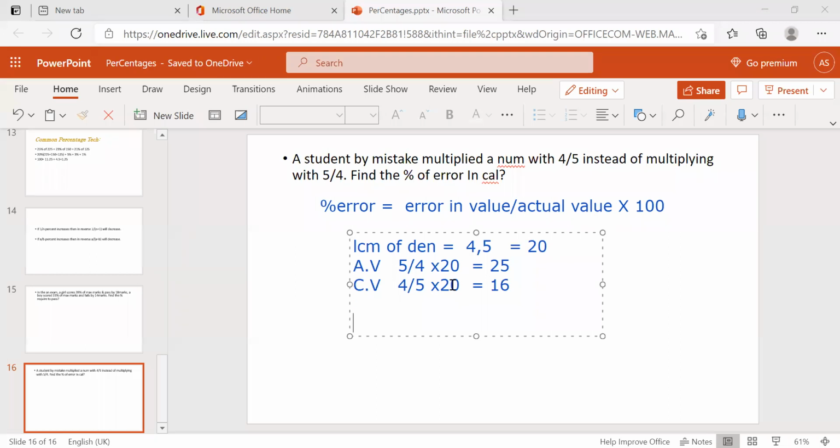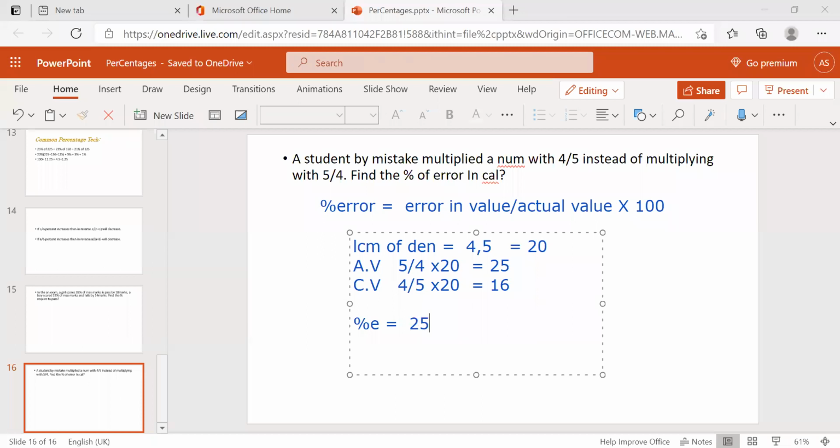What is the error in a value? It is the actual value minus the calculated value. Error value is the difference of the actual value and the calculated value.